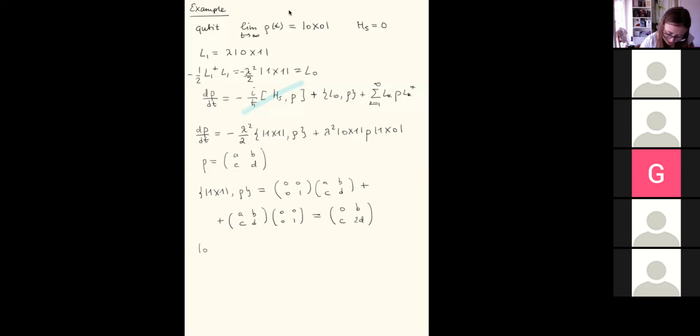And the other term will just give us the |1><1| term, but in the entry for 0, 0. Okay, so then d rho by dt is minus lambda squared over 2 times the matrix 0, B, C, 2D, plus lambda squared D in the 0,0 entry.